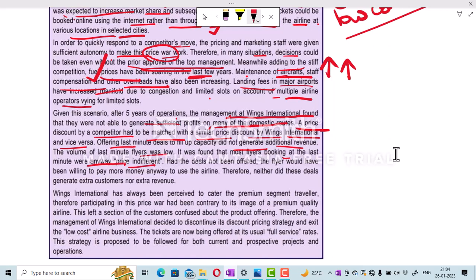Unnecessarily they are giving the low cost and losing some money. Had the deals not been offered, flyers would have been willing to pay more money anyway to use the airline. Therefore, neither did these deals generate extra customers nor extra revenue. So the strategy did not work.